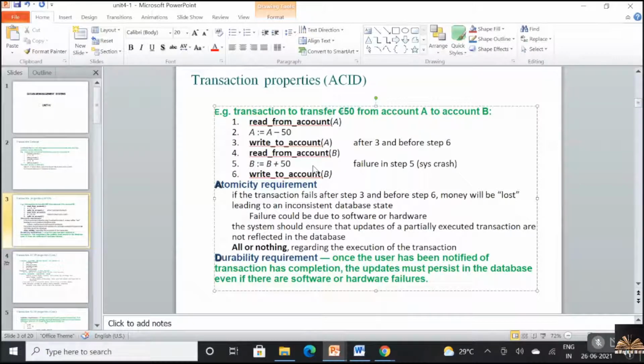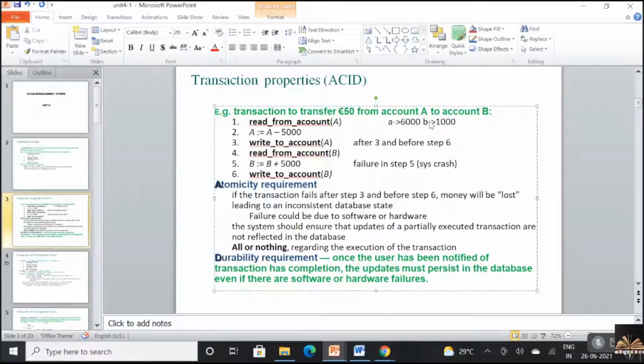Now what is happening over here? Instead of 50, I'm working with 5,000. Before execution of the transaction, A had 6,000 bucks and B had 1,000 bucks.